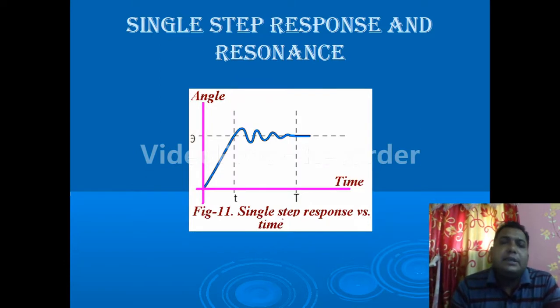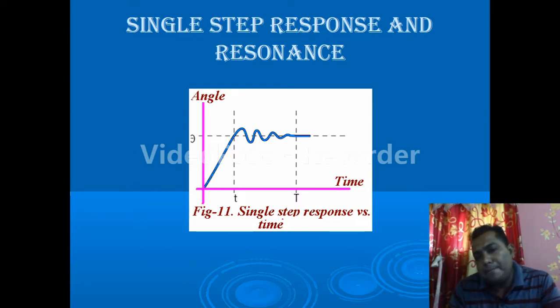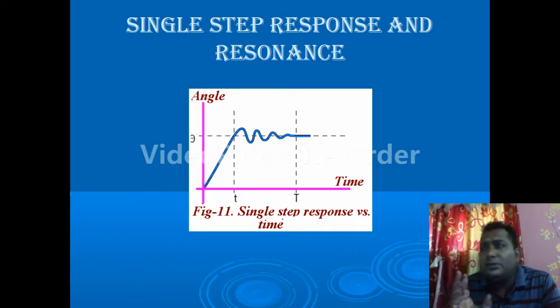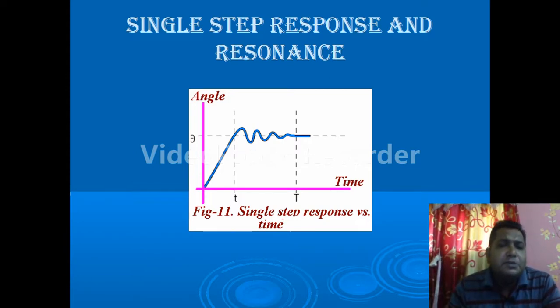Okay, single step response and resonance. This is a single step response versus time. In the x axis we have taken time, and in the y axis we have taken angle. Due to the input pulse to the system, the rotor will respond. Initially it will generate a very high angle with respect to time.